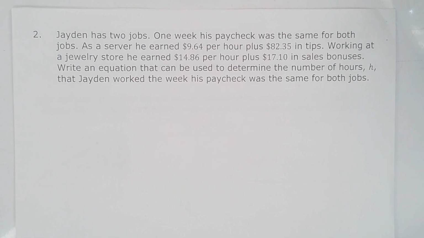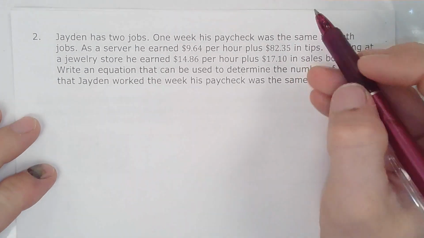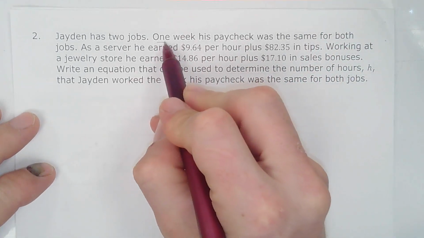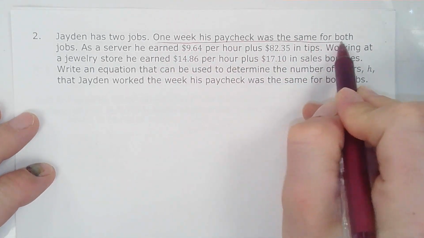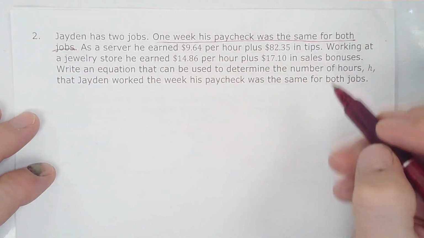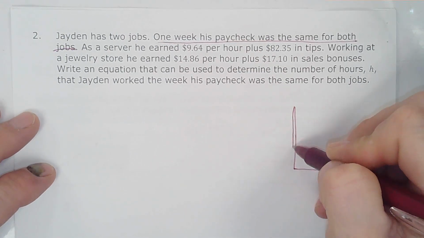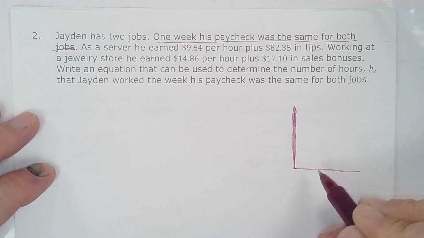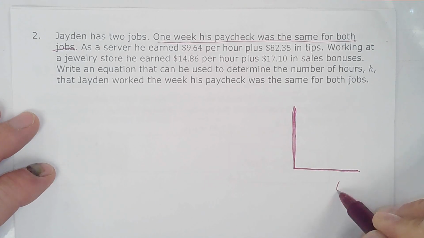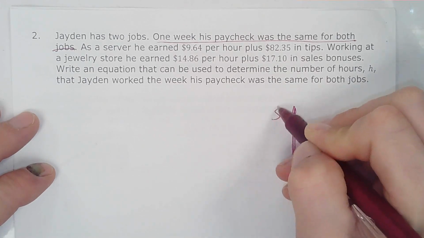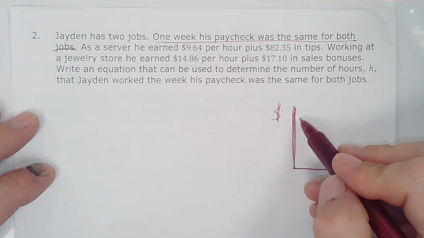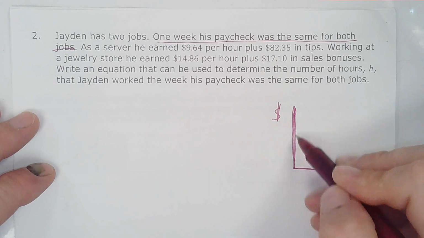All right, now Jaden has 2 jobs. One week, his paycheck was the same for both jobs. That's an important piece of information. If I made a generic graph here with time and the amount of dollars, is it going to go up or down?